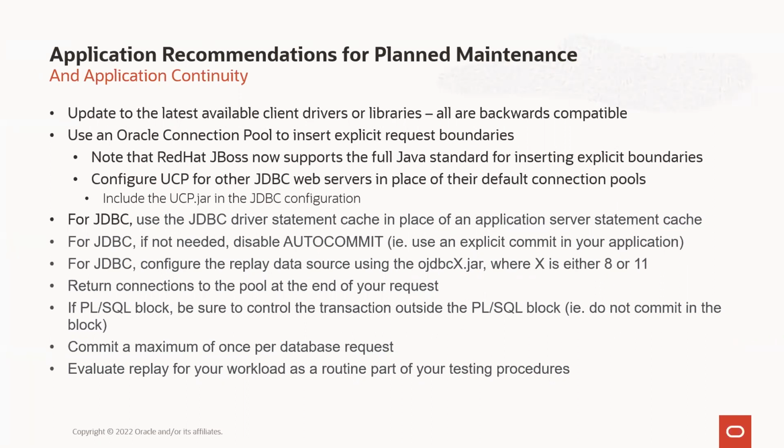That makes it really difficult for us to do draining and replay, because your request never ends. And so we come to drain timeouts. Since it never ends, we have to replay the entire session. Not a good thing. And typically it gets messy with a lot of commits thrown in there as well. So don't do that. Make sure you return the connection to the pool at the end of your request. It not only ends the request, but makes that connection reusable for other users, not just you.